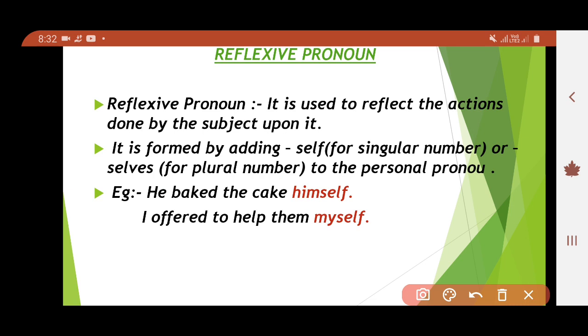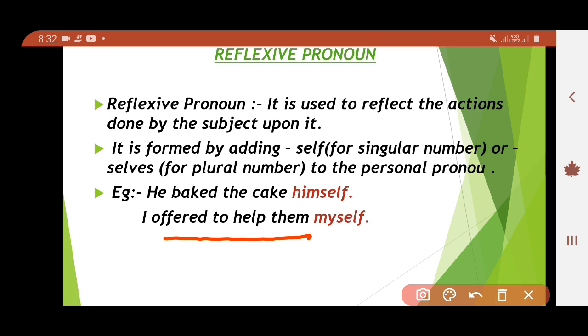That means he is doing an action upon himself, or you can say upon it, by himself, by myself. So what is the subject here? The subject is I. Offering to help someone, this is the action, and I am doing this action by myself.